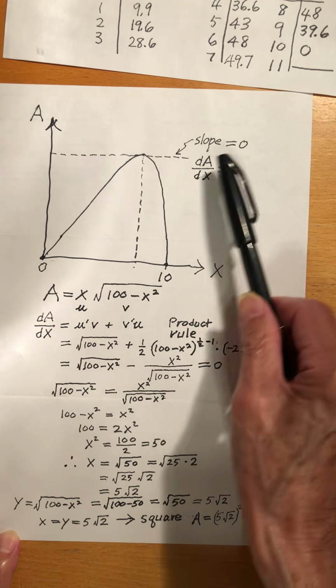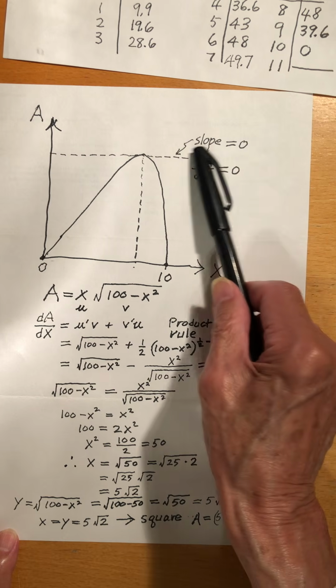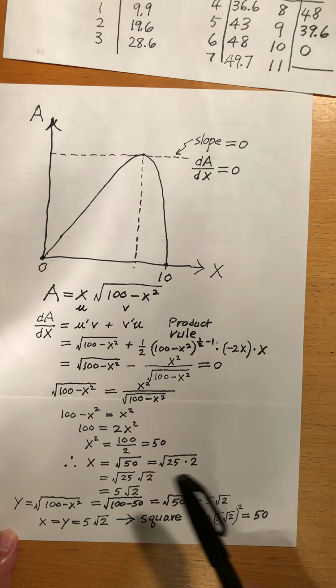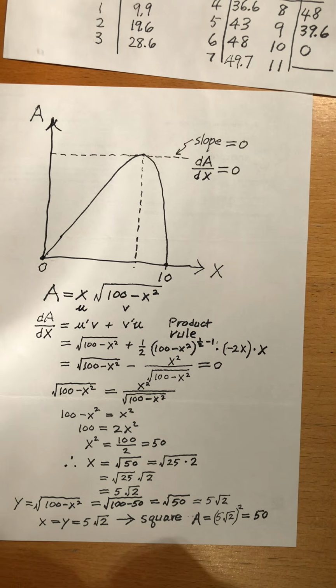A horizontal tangent means the slope is 0, and the slope is 0 means the derivative is 0. So that's how we do this problem. And finally, we discovered that the rectangle is a square in order to have the maximum area. So that is how we do this.